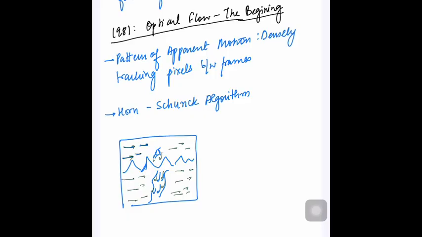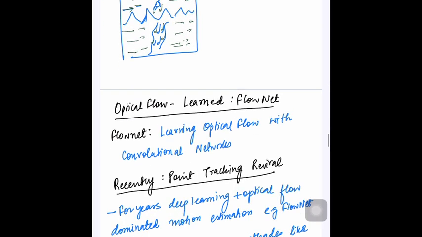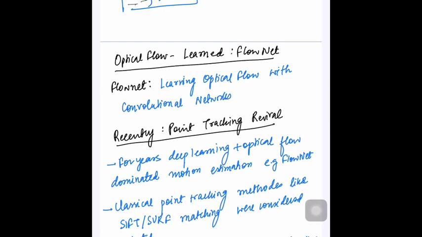Then in optical flow, FlowNet became very famous because it was based on a convolutional neural network. For years people realized that deep learning plus optical flow was very good for motion estimation, and classical point tracking methods like SURF matching were very outdated.